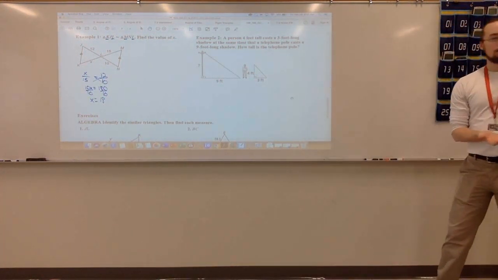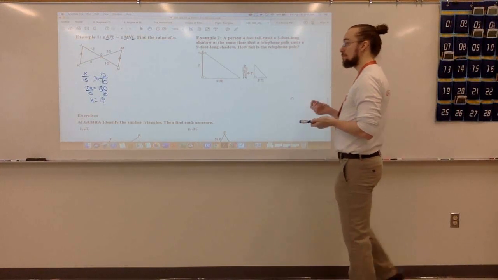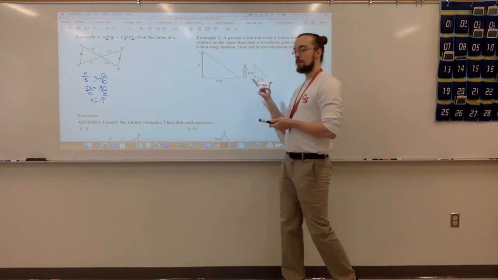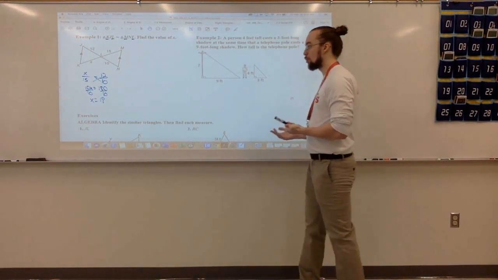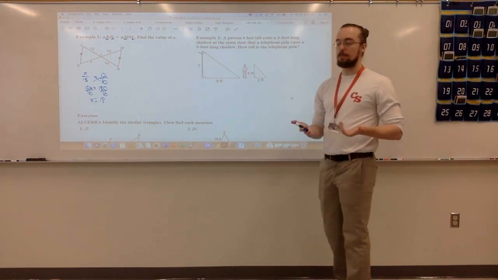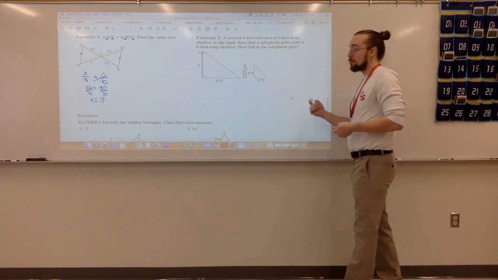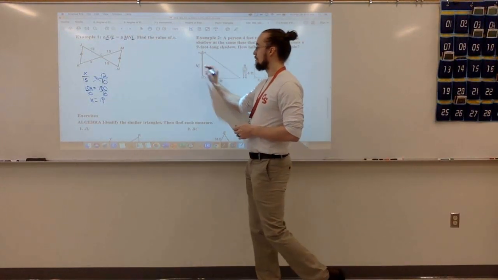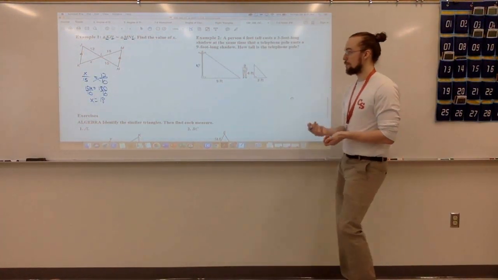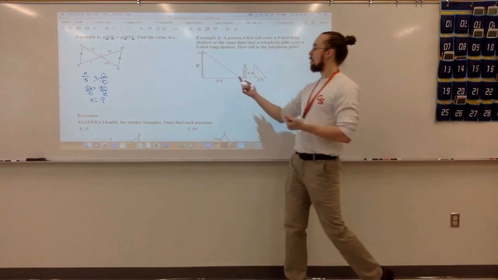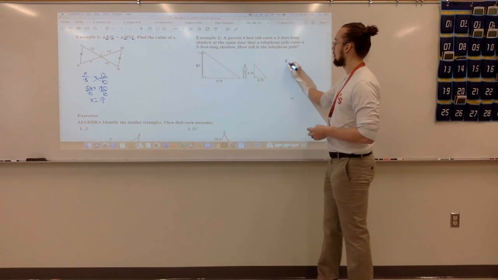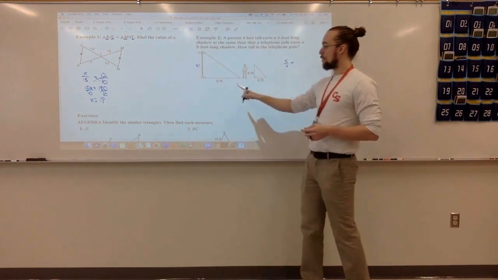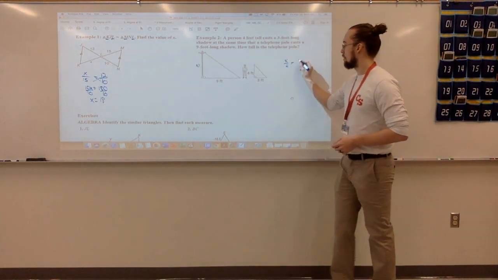We want to figure out how tall the telephone pole is. So this is a similar triangles problem. However a shadow is cast, it will create a similar triangle if we're talking about at the same time. So this is my x, the height of the telephone pole. To set up a proportion, we can match up corresponding sides and say x over 4 would equal 9 over 3.